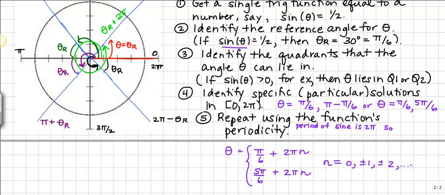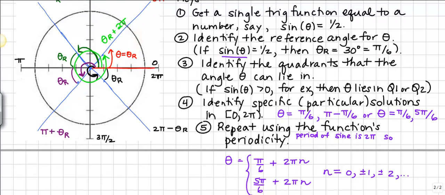Okay, so in general, let's go back over the steps. 1, somehow work the equation until you can have trig function equals a number. 2, when you have trig function equals a number, identify your reference angle associated between the number and the angle itself. 3, identify the quadrants that the angle can be within, and that depends on the trig function where it's positive or where it's negative. 4, identify particular solutions that are in one rotation between 0 and 2 pi.